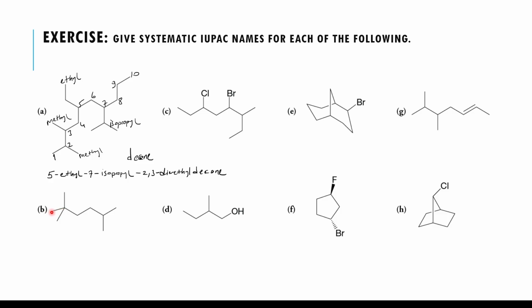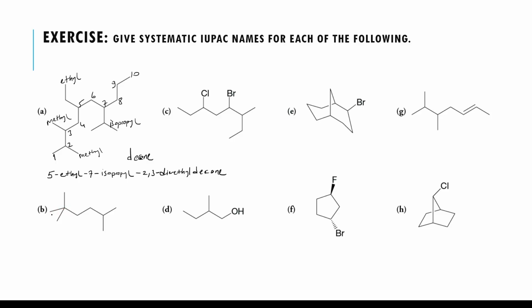So which one do we start from? In both cases, the first branching occurs at the second carbon. But I have more substituents on the left side at the second carbon. I have two substituents here and one substituent on the right side. So I have to start from the left side.